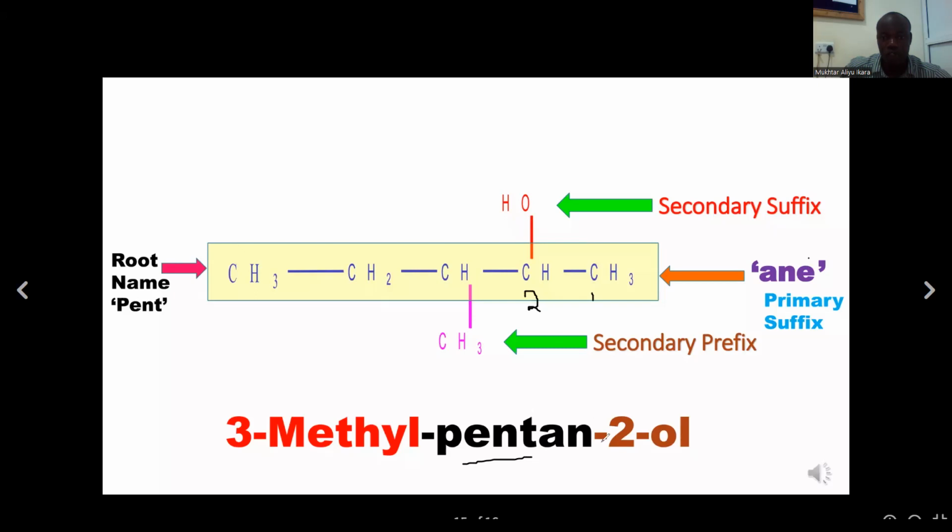So that is why we said pentan-2-ol, and we have a secondary prefix as CH3, methyl. If you count from here, we have 1, 2. So at carbon 3 here, we have methyl. So that is why the name is now 3-methylpentan-2-ol. Okay, that is this. So this is for a compound that has more than one functional group.